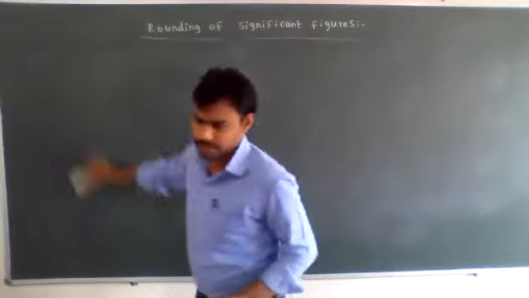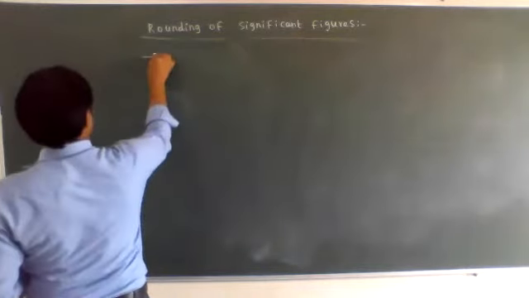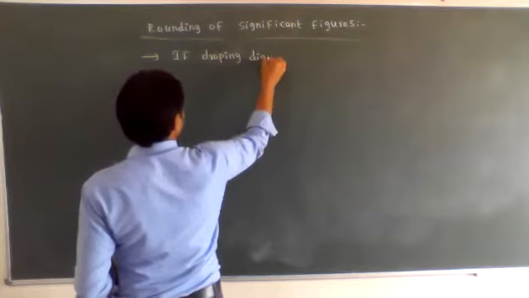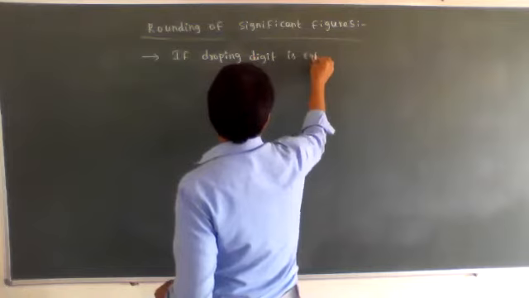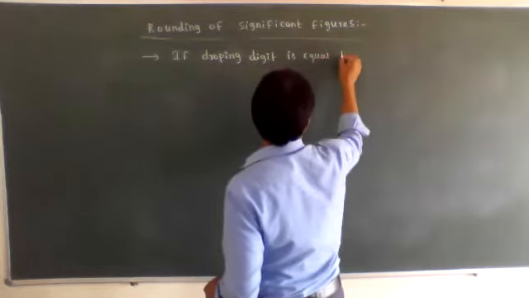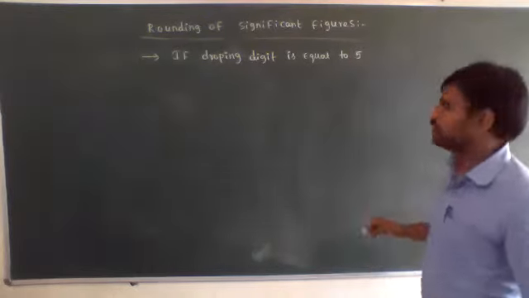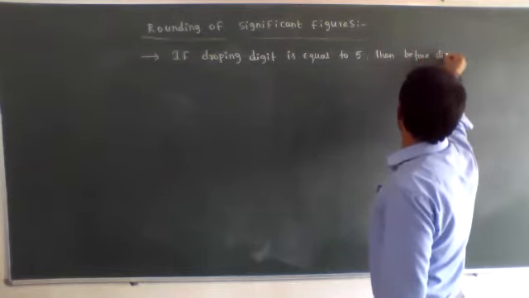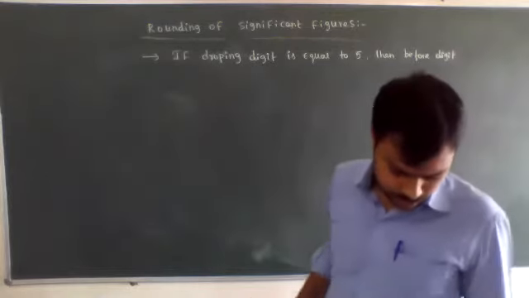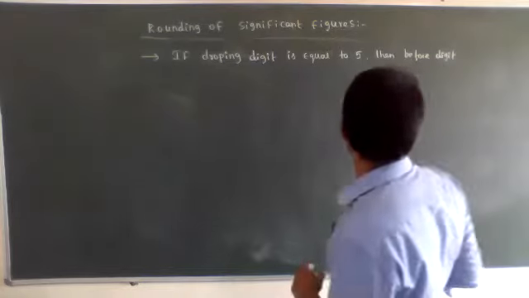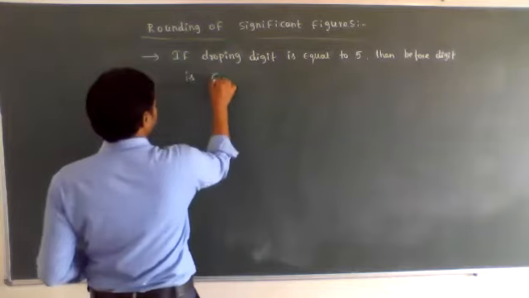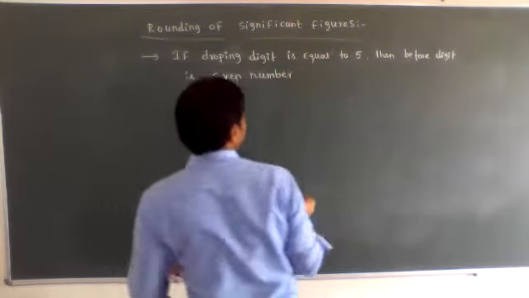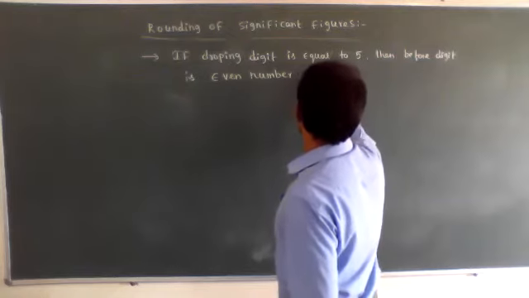First I will write the condition. If the dropping digit is equal to 5, then if the before digit is an even number, it remains the same.